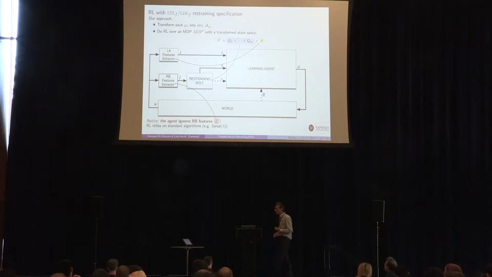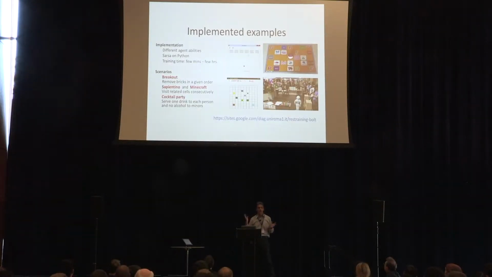In this way, this agent, which is the standard implementation with SARSA, so there is no specific implementation, is now able to solve these complex problems. You will see more in the demo area. We have a demo set up, so you can see the actual agents running and some examples.